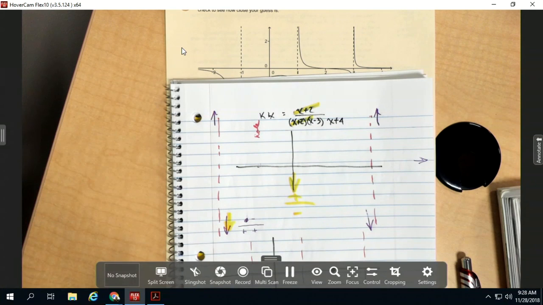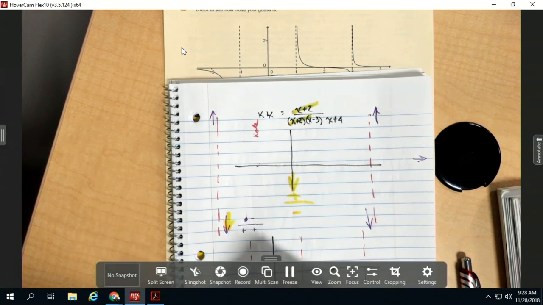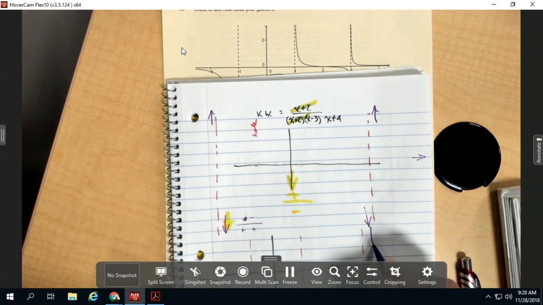Where'd you get that? I know there's a hole there. There's no more circles. Just two crosses. Oh, does that mean it's a hole then? Something that's nice. Okay.